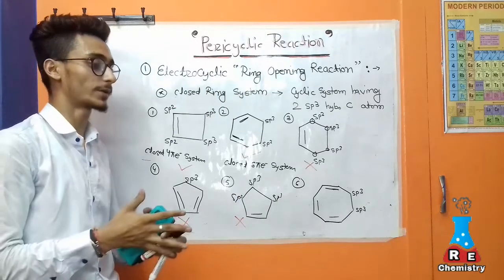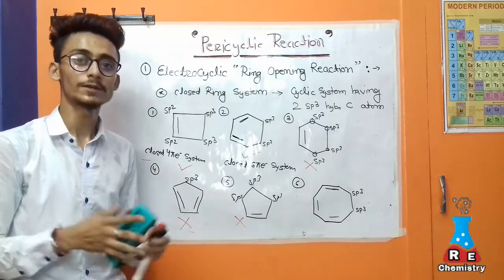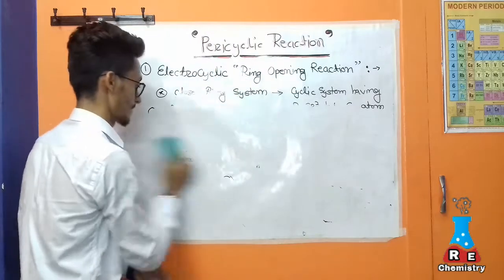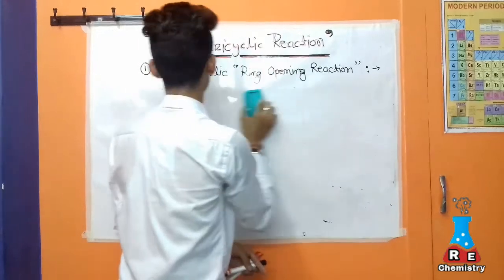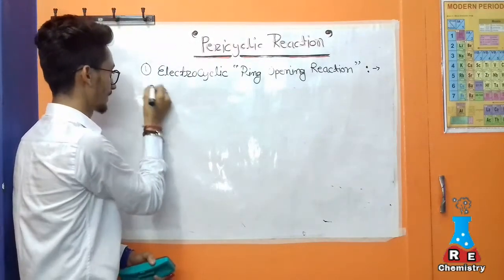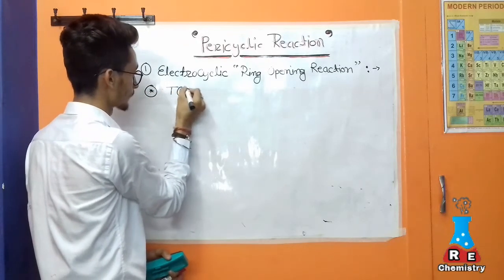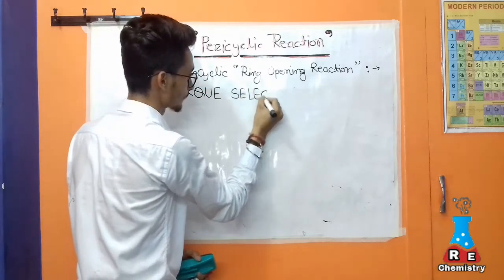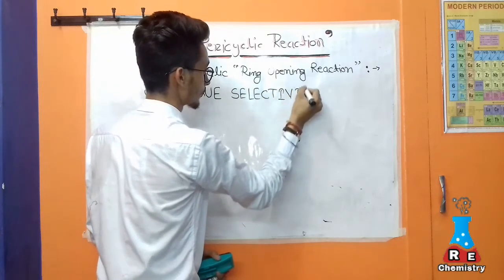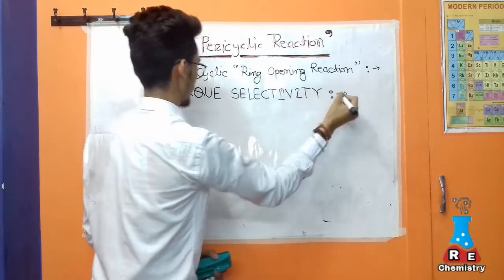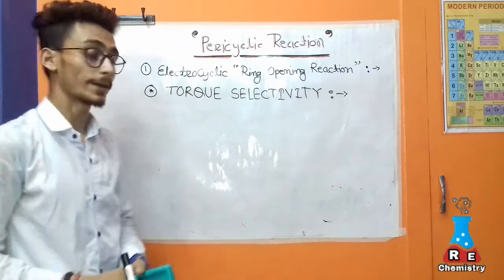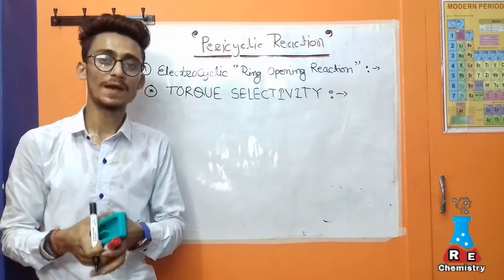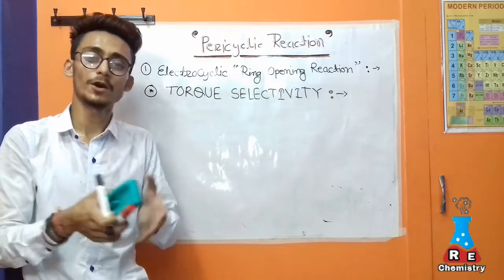The next important thing is stereoselectivity. So what is stereoselectivity? In these electrocyclic reactions, a substrate molecule can be opened by conrotation or by disrotation, depending on the reaction conditions.